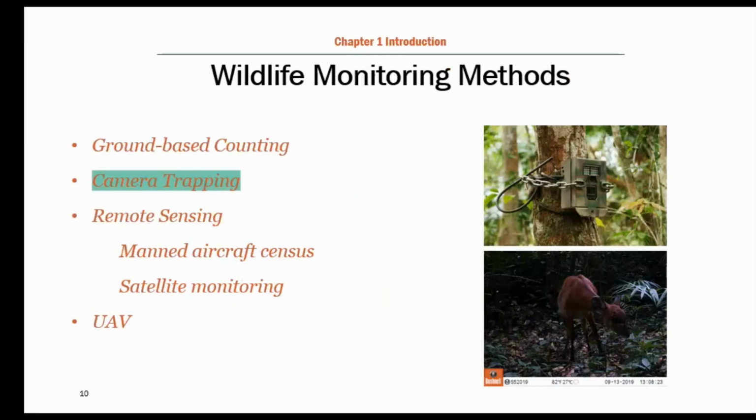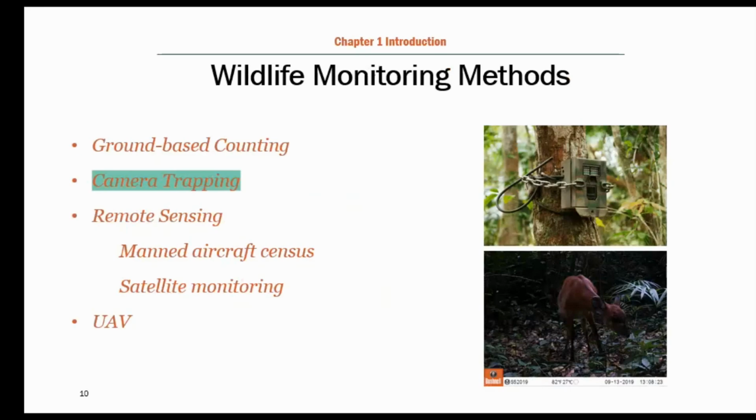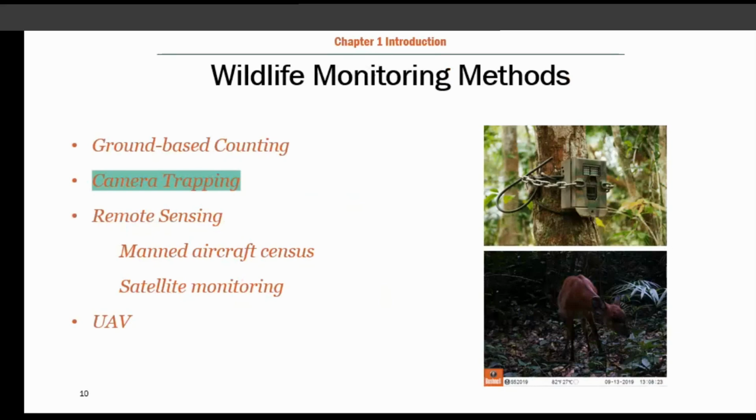This method can automate the process of thermal image capturing when the animals trigger the sensors. Compared to ground-based counting, this method can provide data over extended periods. However, this method heavily relies on individuals to collect and process data, so like ground-based counting, it is also limited to the areas where human beings can reach.